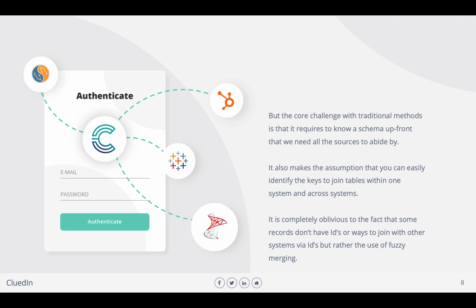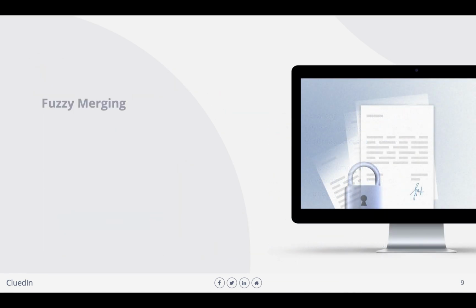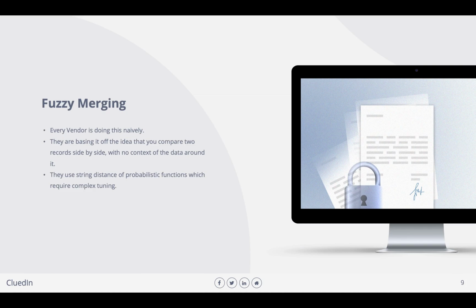A lot of these integration patterns rely on the fact that we have perfect IDs that exist across these different systems. And in 100% of the cases that we have worked with, this is not the case. So let's touch on that for a little bit.